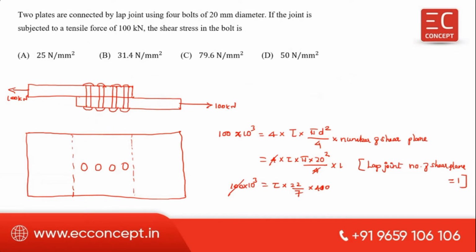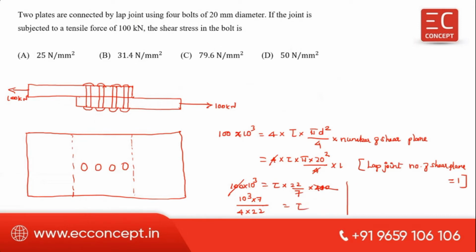So you can cancel this out, so this 4 becomes 4. Therefore, 10 raised to 3 into 7 divided by 4 into 22 is equal to tau.